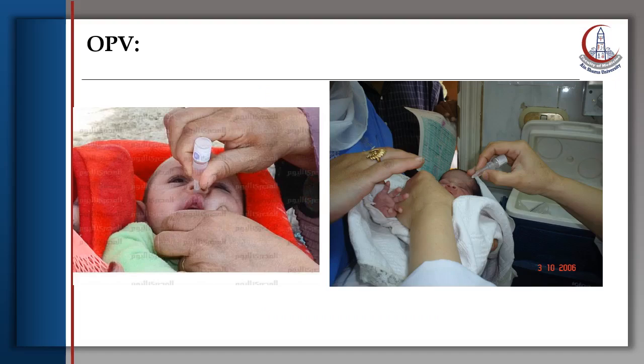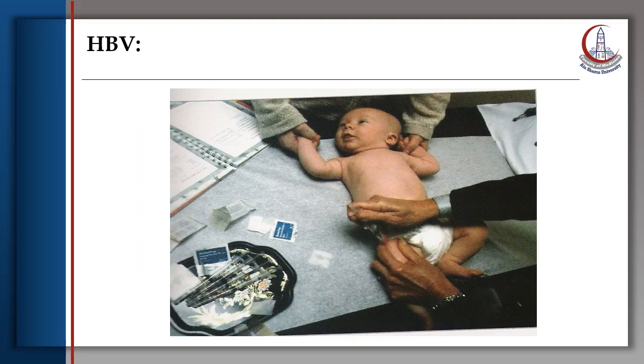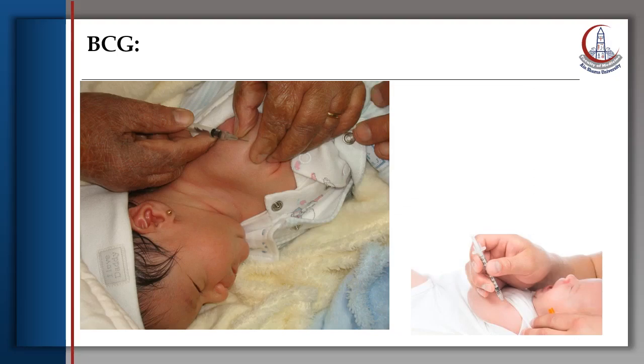This is the oral polio vaccine. This is the hepatitis B vaccine given as an intramuscular injection in the upper part of the right thigh. It is a BCG vaccine which is given at birth.